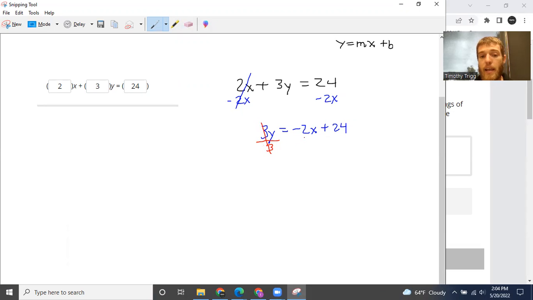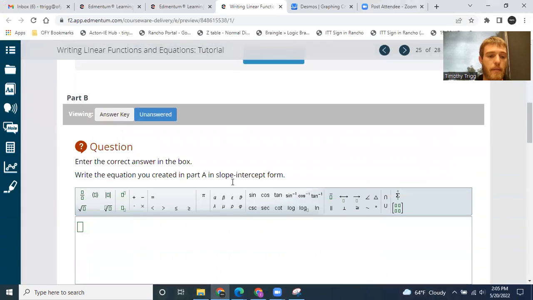But since I divide the left side by 3, I have to divide the right side by 3 also. When I divide by 3, I have to divide every term in the equation by that 3. So we've got y equals negative 2/3 x plus 8.